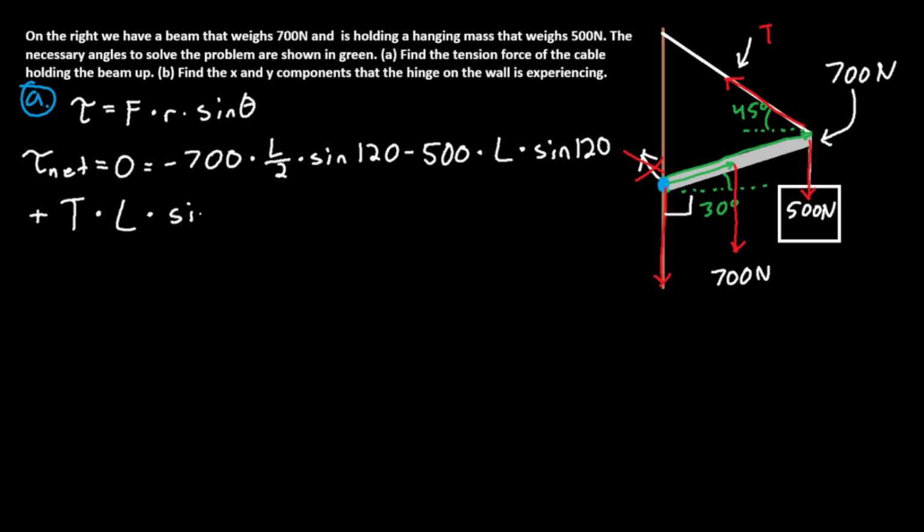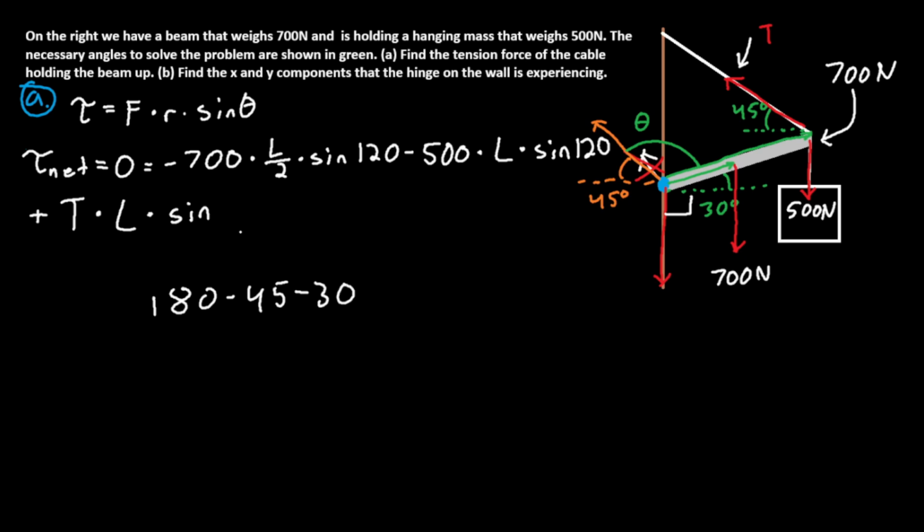And the sine of what angle is happening here? Well, we know that the tension force is 45 degrees from the horizontal. So let's pick a different color, orange. If we draw the tension force 45 degrees from the horizontal, like so, and we know that this beam is 30 degrees from the horizontal as well, we can calculate the angle between this force vector and the beam by subtracting 45 and 30 from 180.